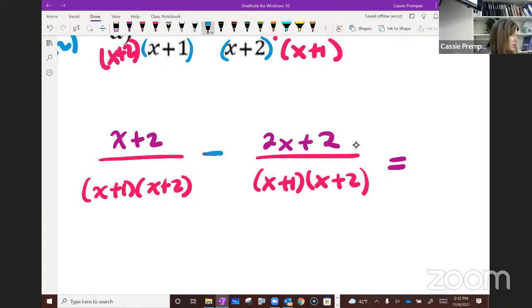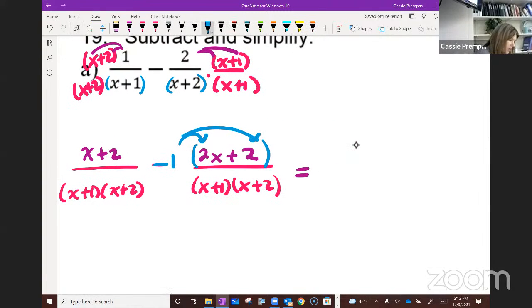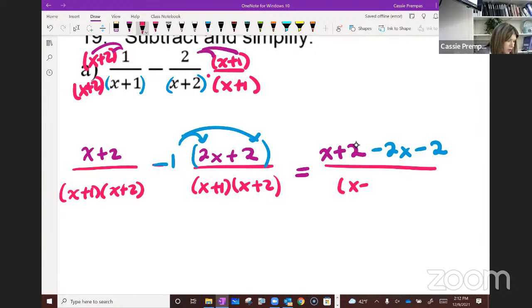The subtraction is there, negative 1. And what am I going to have to do with the negative 1? Distribute, because you are subtracting that entire second numerator. So yes, I'll have to distribute that here and here, which will now create x plus 2 minus 2x minus 2, all over that common denominator of x plus 1 times x plus 2.